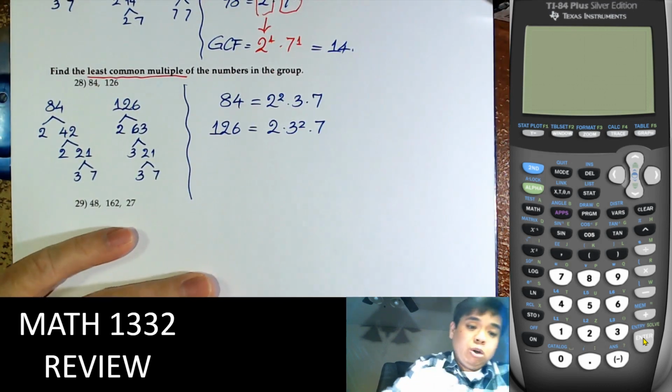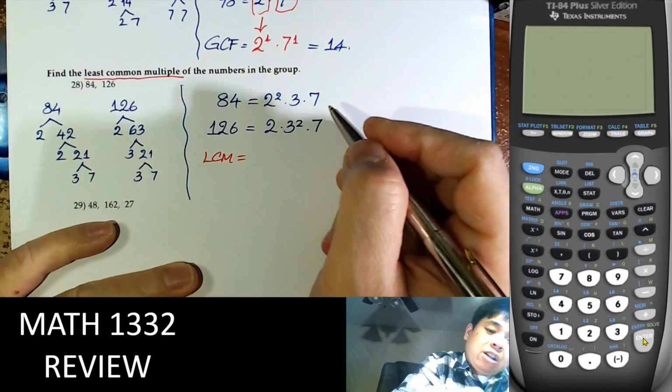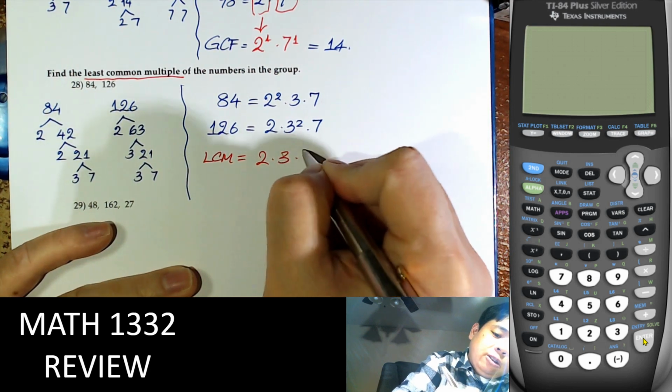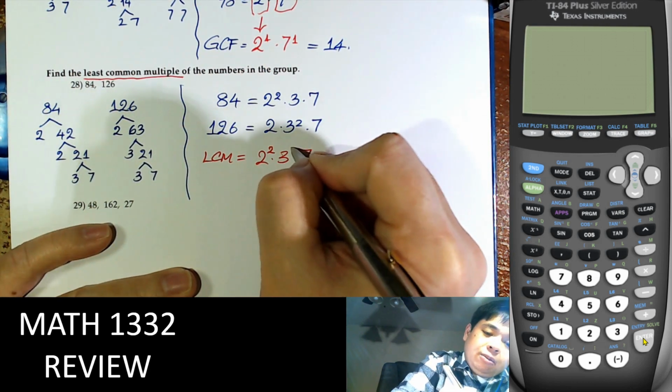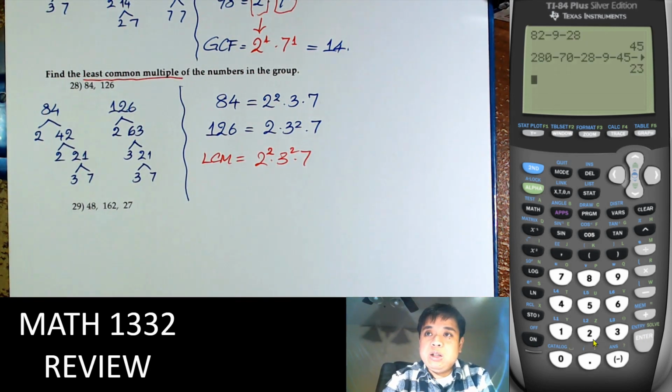For the least common multiple, we're going to write out all the possible factors, 2, 3, and 7, to the most power, to the highest. So that's what we have. We have 2 squared, 4, times 9, times 7. So that is 252.